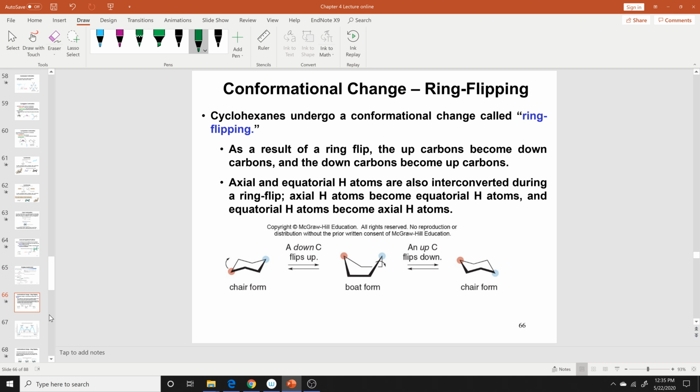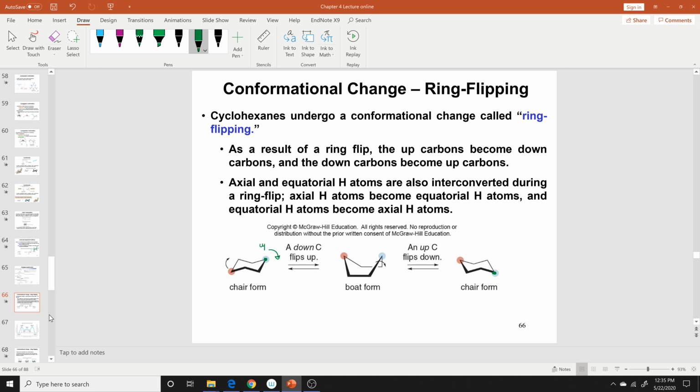So, cyclohexanes, they do undergo conformation. Now, we explained the conformation of alkanes, which is a rotation around a carbon single bond carbon. For cycles, they do undergo rotation, but the rotation is called ring flipping. So you flip the ring. As a result of the ring flipping here, the carbon which is pointed up, you flip that, and now it becomes down.